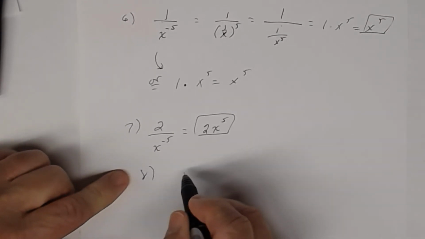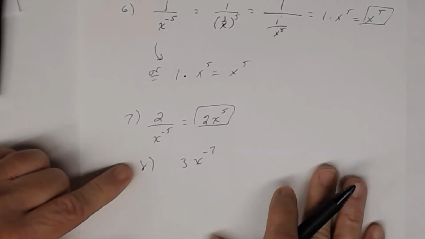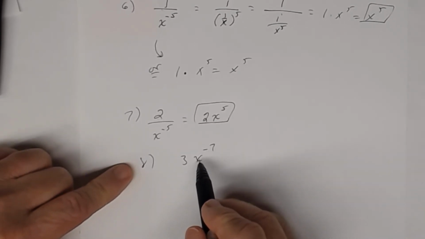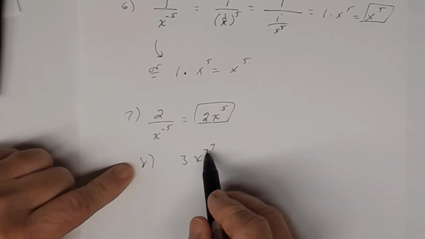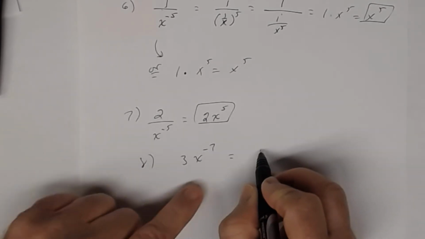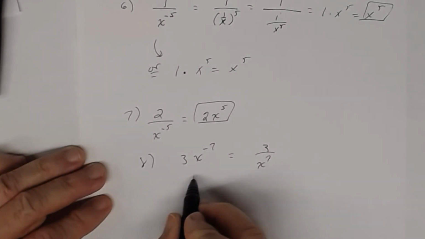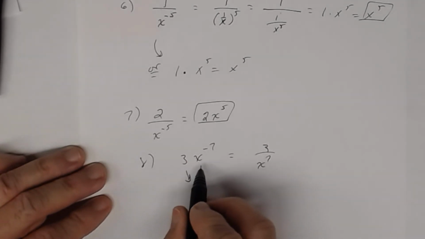So number 8, what if you had 3 times x to the negative seventh power? What's being raised to the negative power? Well, what's being raised to the negative power is x. So since it's in the numerator, I know I'm going to have to bring it to the denominator. So I know that the answer is going to be 3 divided by x to the 7th, right? But that also brings us back to that definition.